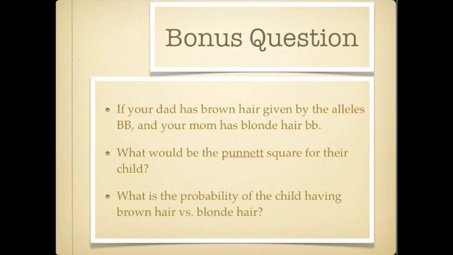If your dad has brown hair given by the alleles capital B, and your mom has blonde hair given by the alleles lowercase b, what would be the Punnett square for their child? And what is the probability of the child having brown hair versus blonde hair? Remember, for blonde hair you must have 2 recessive alleles, so 2 lowercase letters.